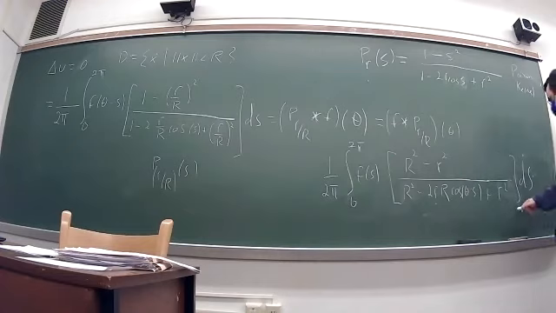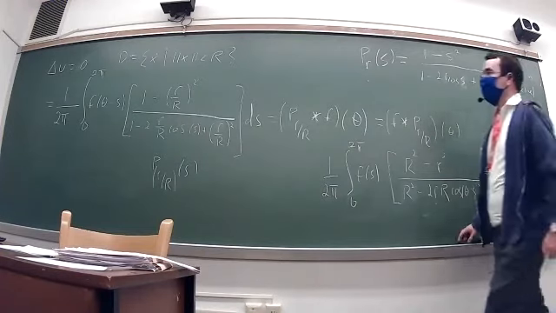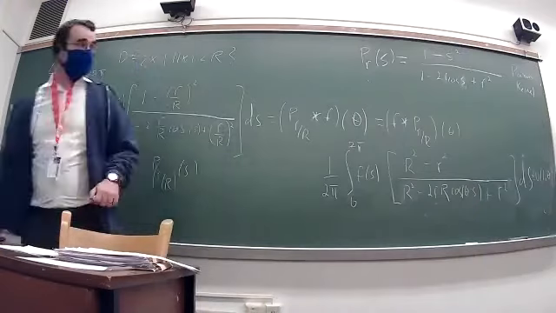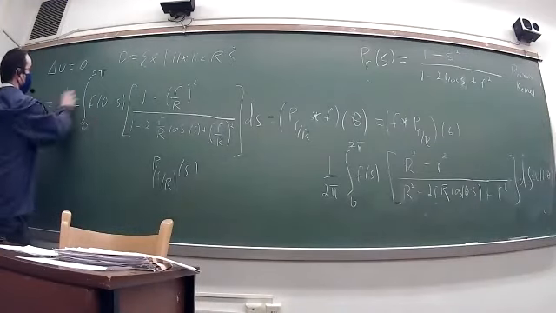This is u of r theta. And it satisfies the property that when you plug in capital R, you get back your original function. And there's no infinite sum in there. So this is like a great success of separation of variables.